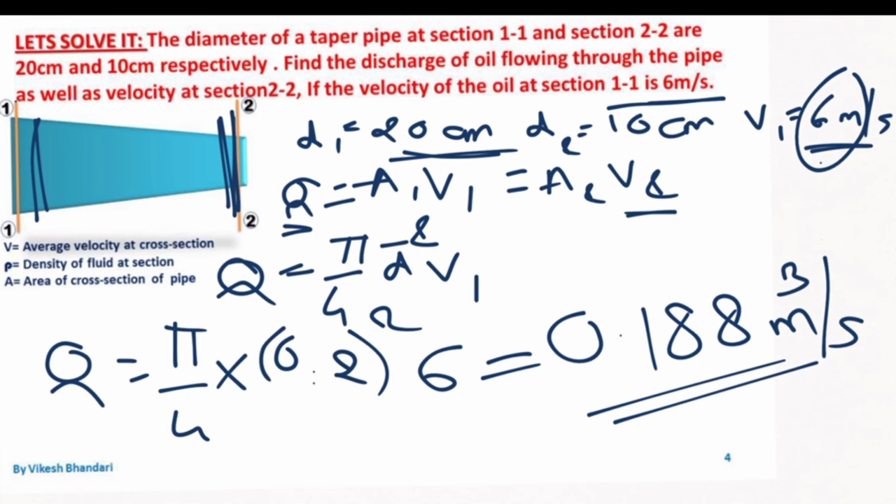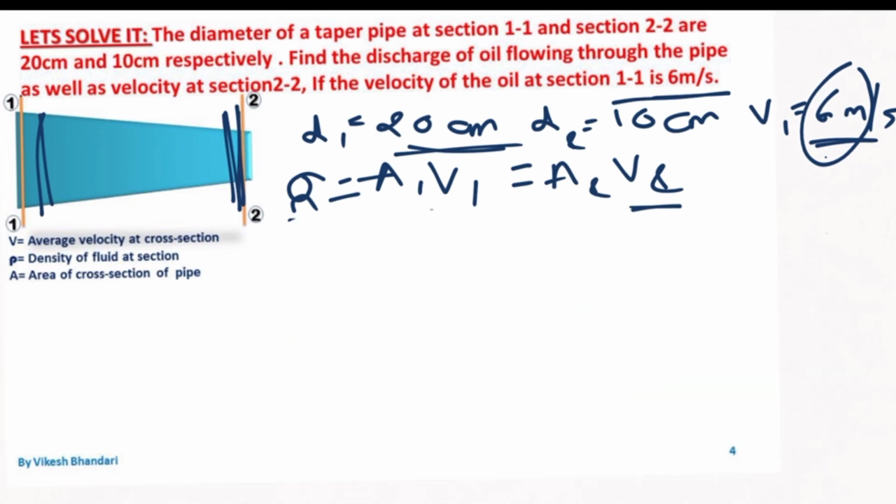In the same way, we will find the velocity at section 2. What do I know? At A1, what is the area? Area of the circle is pi d square by 4, that is 0.2 whole square divided by 4.